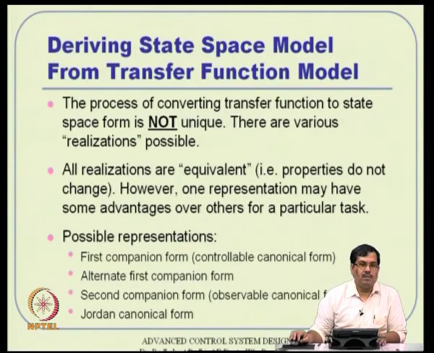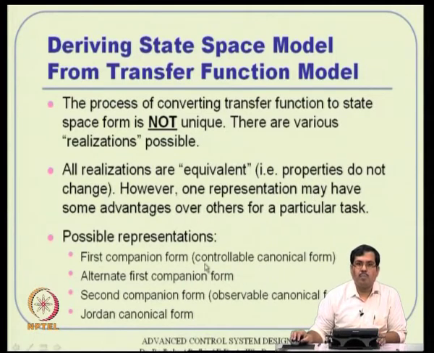But if you talk about observer design or filter design, probably the natural choice will be the second companion or observable canonical form. There are certain advantages, especially in numerical computation and algebra, by doing one form of realization over the other. But nevertheless, remember that all realizations are equivalent, the properties normally do not change too much.